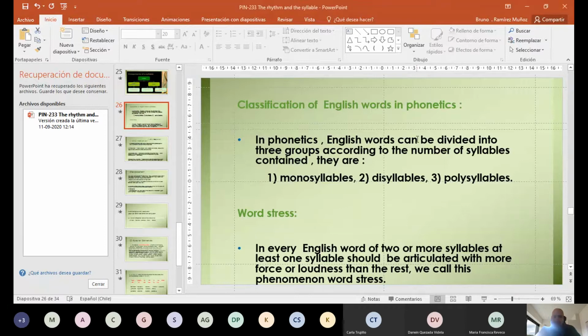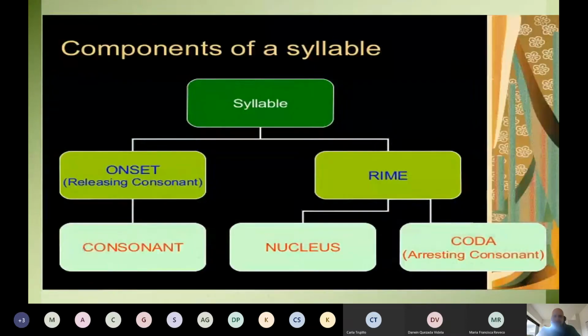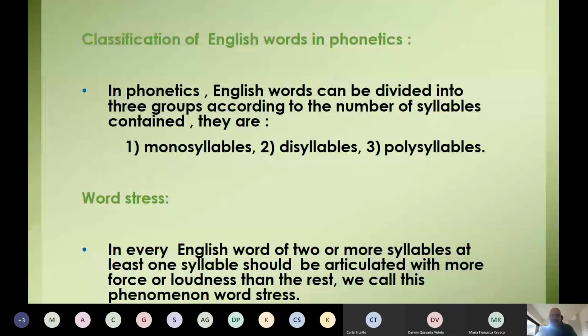So, as I mentioned before, there's a high inconsistency in how English as a language behaves. Now, let's try to find some certainty in these very uncertain times. We can classify words from the point of view of the number of syllables as monosyllabic, disyllabic, and polysyllabic words, meaning one syllable, two syllables, three or more.